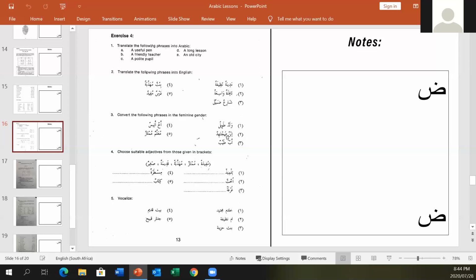The feminine of that is bintun tawilatun. A walad is a boy, so there's no waladatun. It's obviously bintun tawilatun.